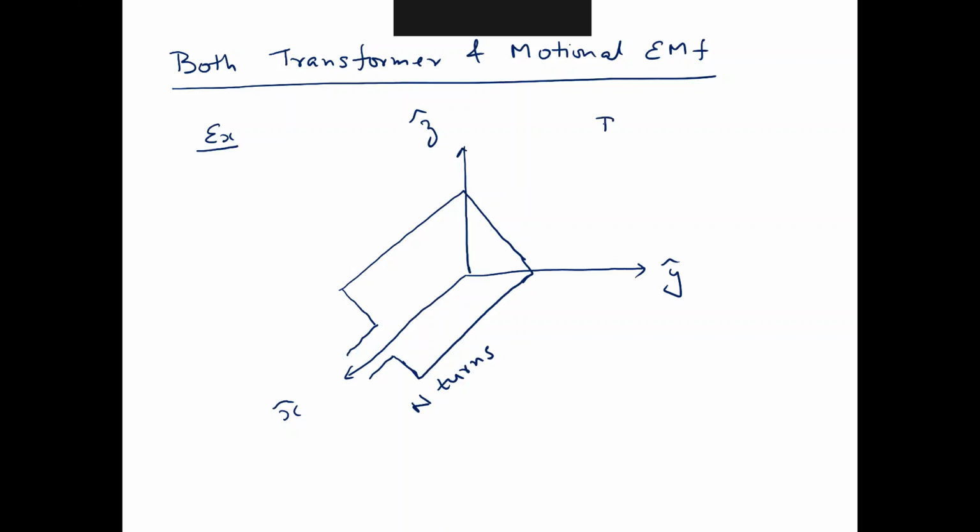Let's assume that B is in the Y direction, such that it is B naught sine of omega t.